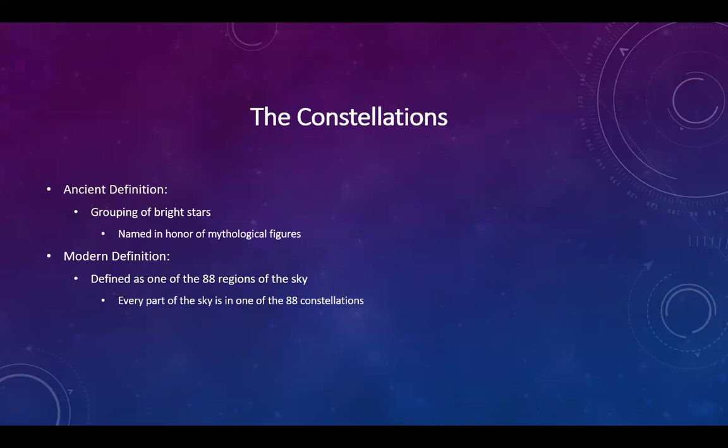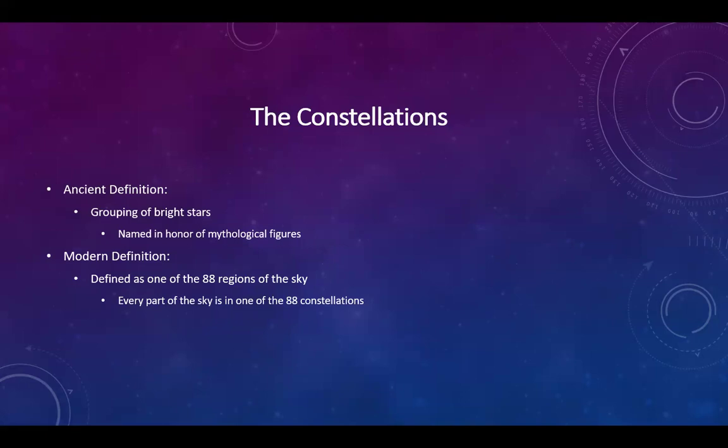For example, most of the constellations are Greek mythological figures. The zodiac constellations are actually older terms that got imported by the Greeks from the Babylonians, for many of them.